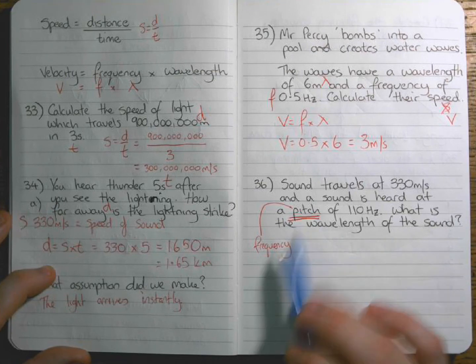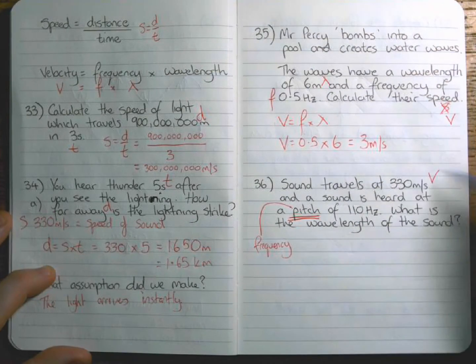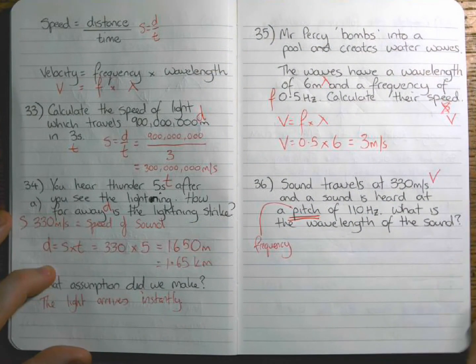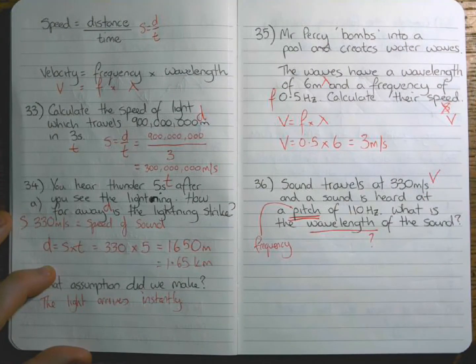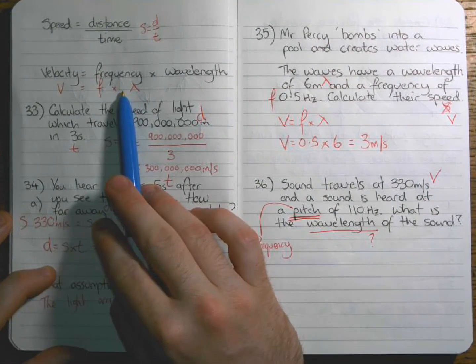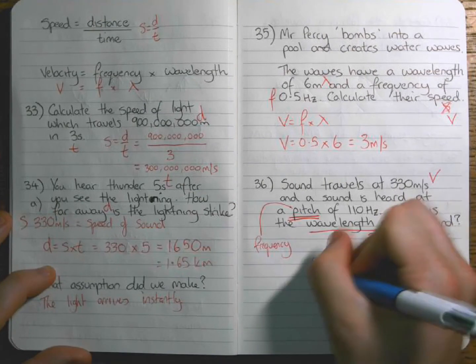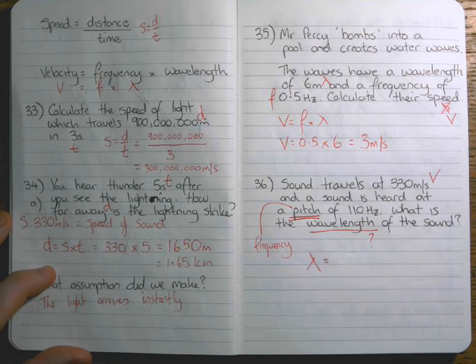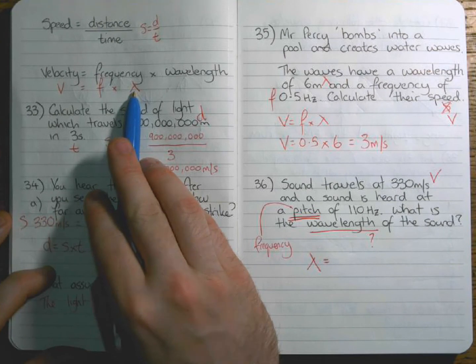So we've been given frequency, we've also been given the speed of the wave, v, but it's asking us to work out the wavelength. Looking back at our equation, we need to rearrange it to get lambda equals. This should be obvious by now.